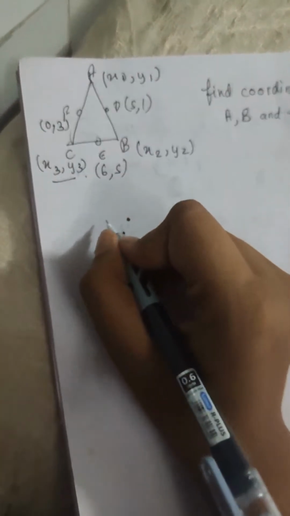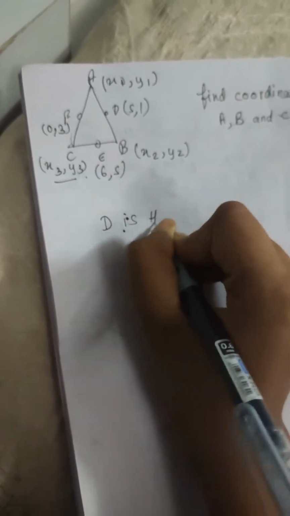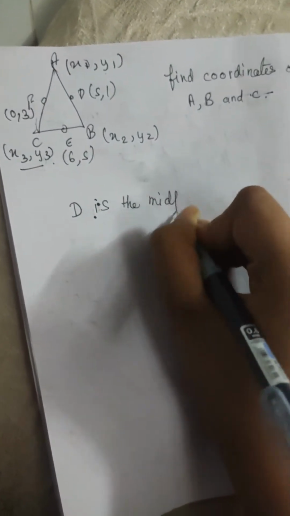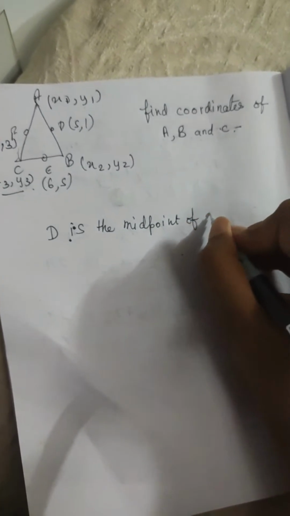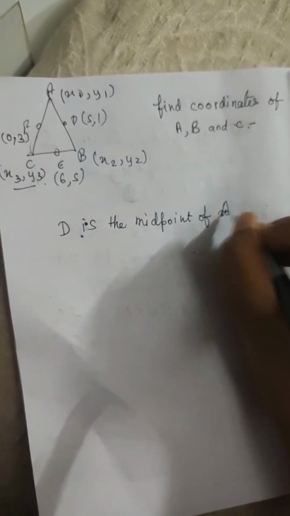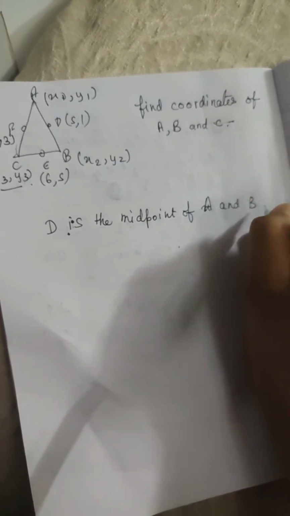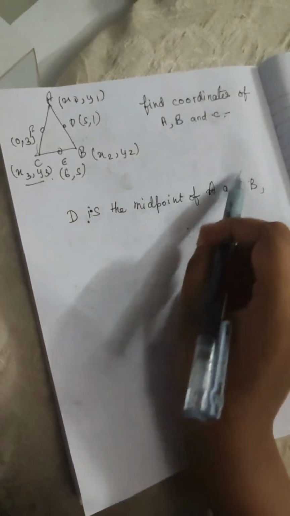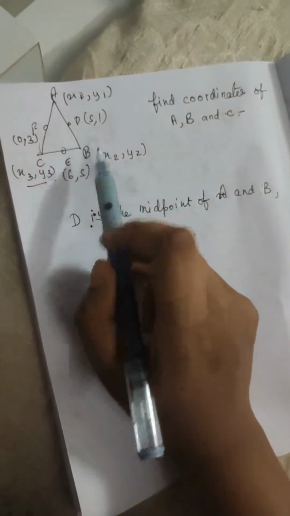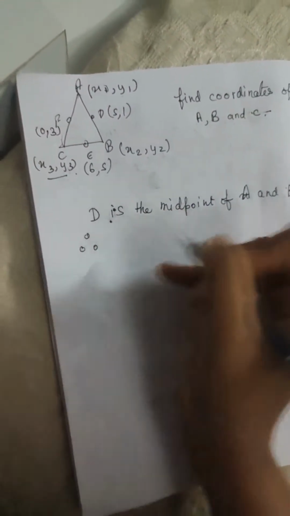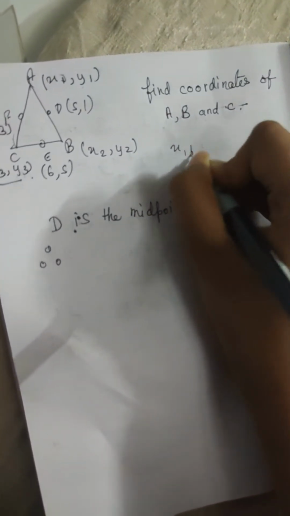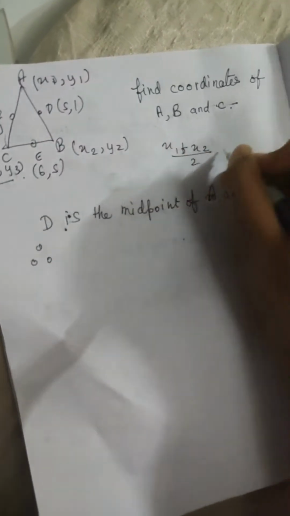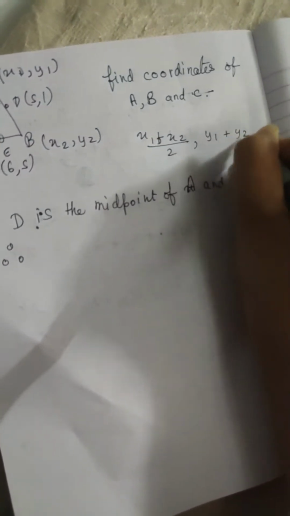So yes, D is the midpoint of what? A and B, right? Now D is the midpoint of A and B, right? So what we'll do, therefore, you know that formula, right? x1 plus x2 upon 2 comma y1 plus y2 upon 2.